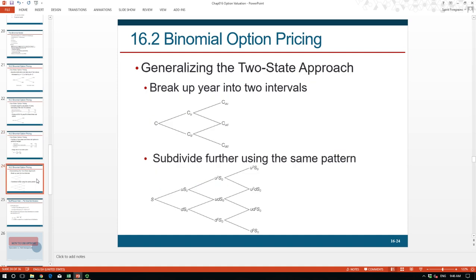And the binomial tree should be expanded if you make your time interval smaller and smaller. For a typical investment bank, they use a 5-minute interval when they do binomial tree estimation for option price.